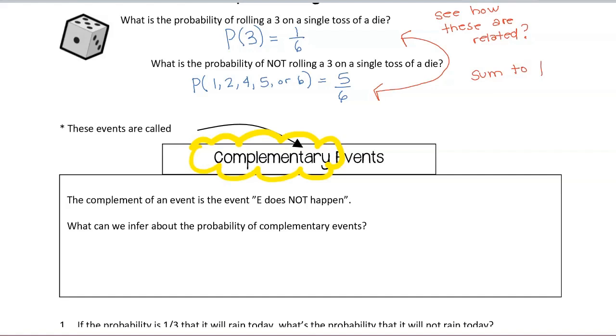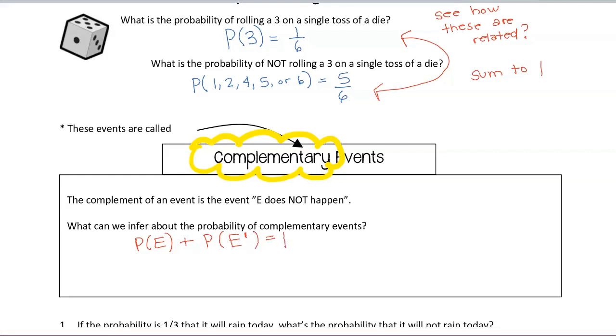What you saw in this warm-up problem was that if I add the probability of the event plus the probability of its complement, to write the notation of complement, I'm going to still use the same letter that we use for the event, which in this case is E, and then I'm going to put a tick mark right there, or an apostrophe, that signifies this is the complement. If I add those together, I get 1.